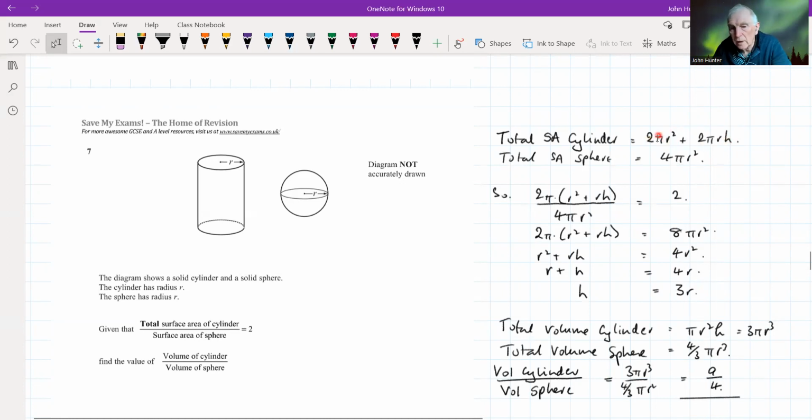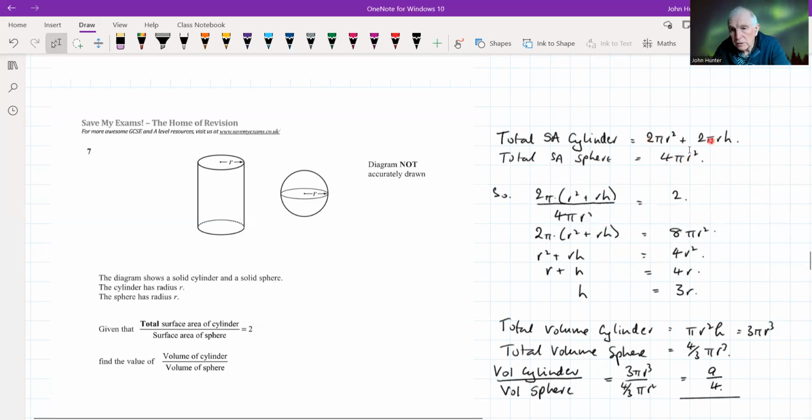So this is 2 pi r squared, the top and the bottom, each pi r squared, and then the curved surface area is 2 pi r, which is the circumference, times the height. And then the total surface area of the sphere is 4 pi r squared. That's a standard formula.